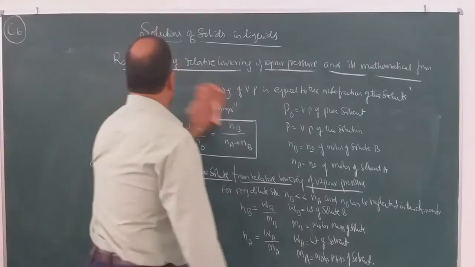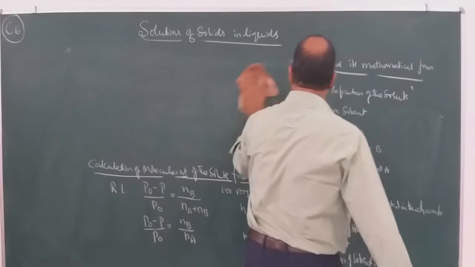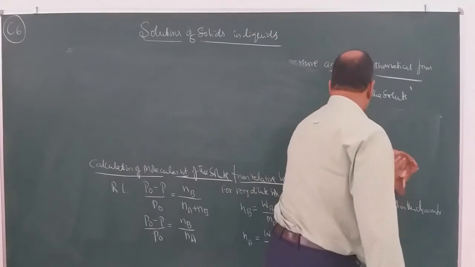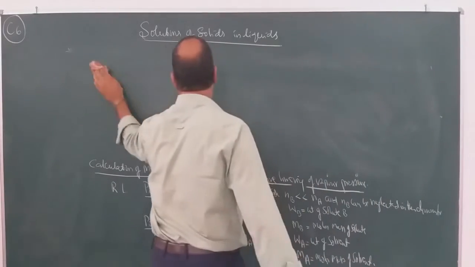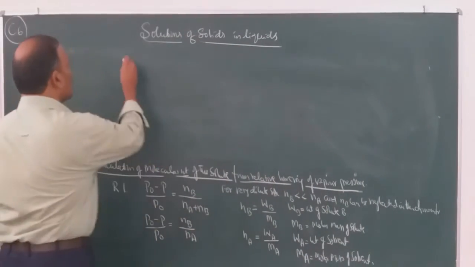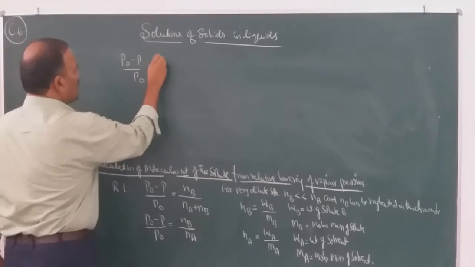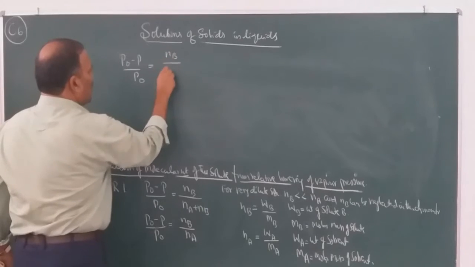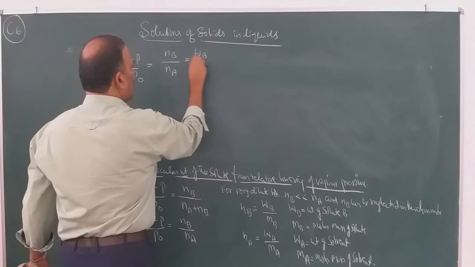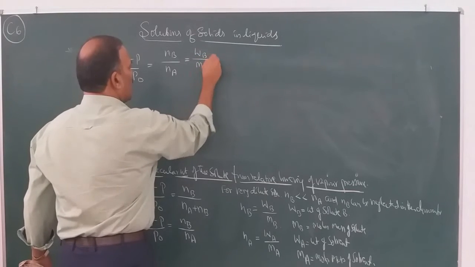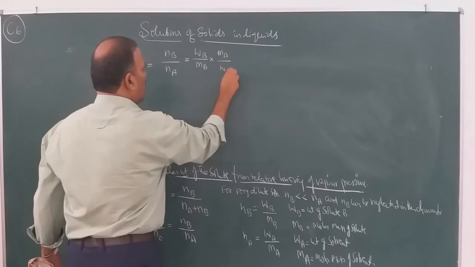So now substituting these values instead of Na and Nb, we will have P naught minus P by P naught equals Nb divided by Na, that is equals Wb over Mb into Ma divided by Wa.